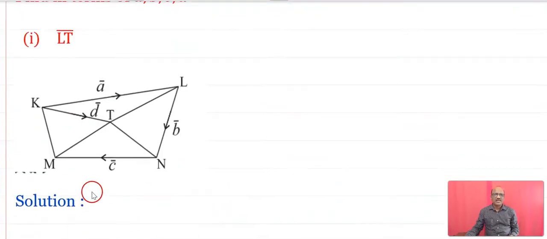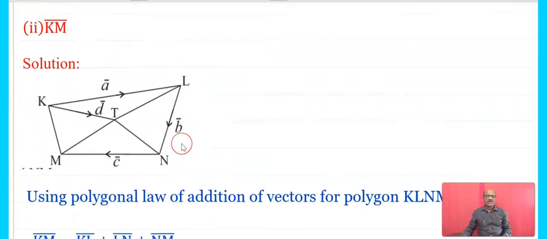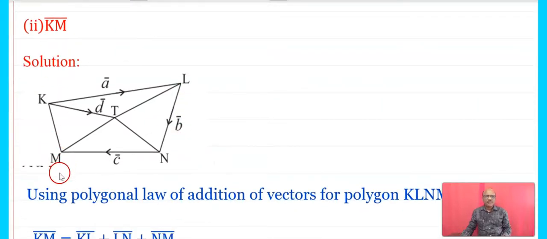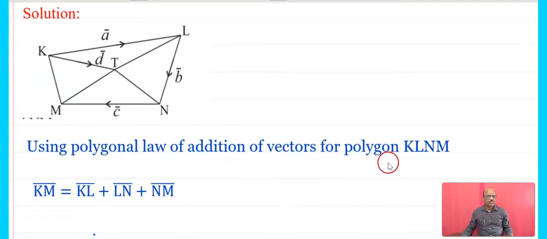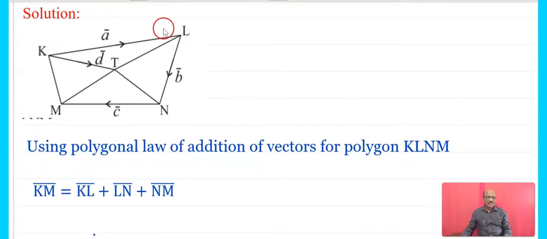Next is KM bar. To find the KM bar, using the polygon law of addition of vectors for the polygon K, L, N, M. KM is equal to vector KL plus vector LN plus vector NM.